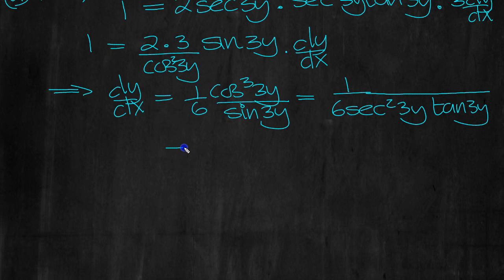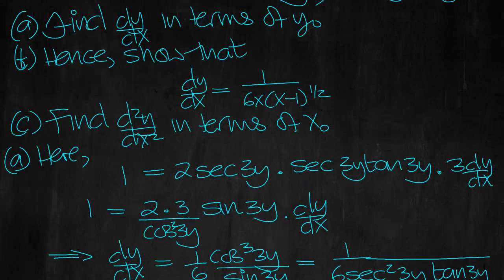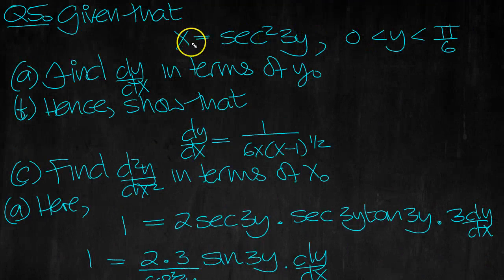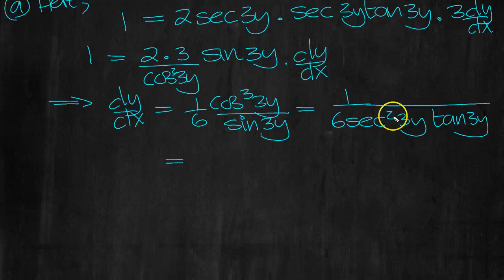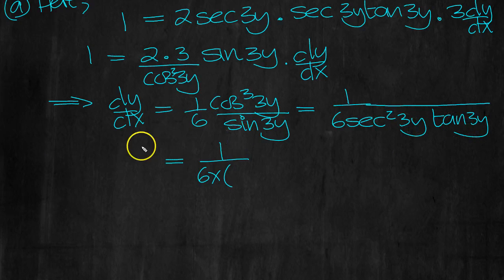So here we've got equal to then. Now sec squared 3y is just x. So this is 1 over 6x. Now the tan 3y, now 1 plus tan squared is sec squared, isn't it? So tan squared, if we remember our trig identities, is equal to sec squared minus 1.